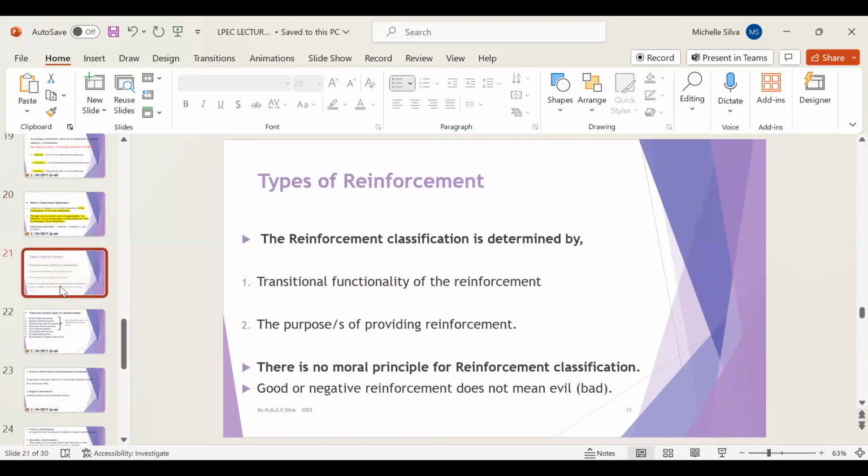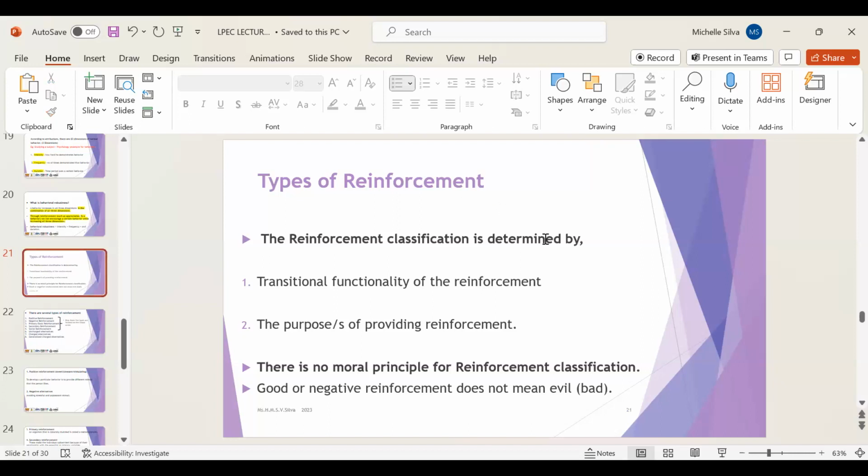Okay. So types of reinforcement. When we talk about types of reinforcement, classification is determined by whether it is positive or negative, and the reinforcement we mainly give is to encourage a certain behavior.